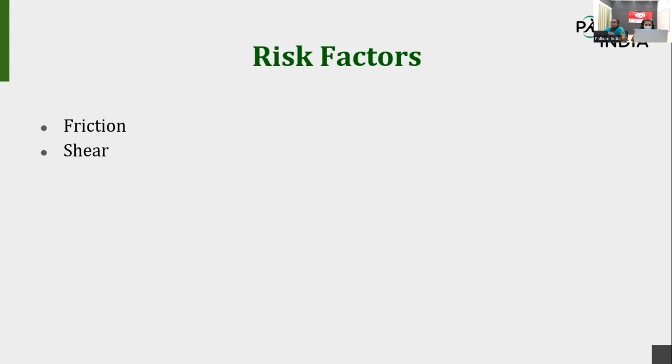At that time, there is a chance of deep tissue injury. So if you want to pull the patients up, we have to move the patients with the help of a sheet. Otherwise, it will affect the tissues.